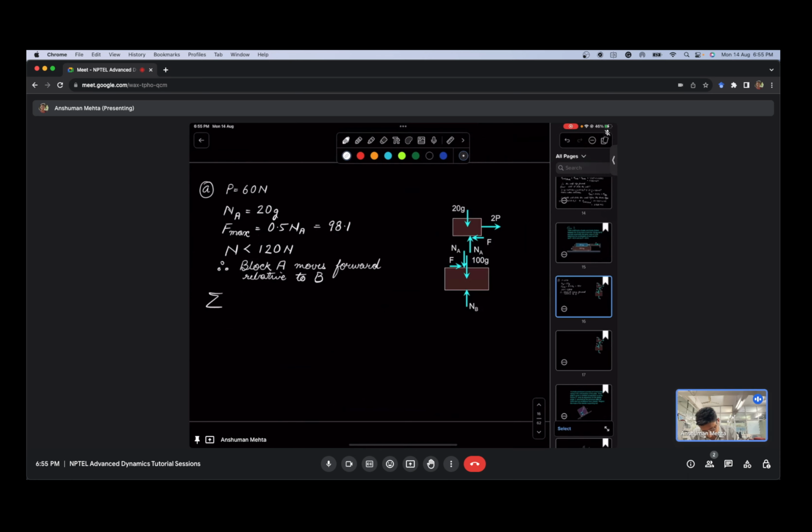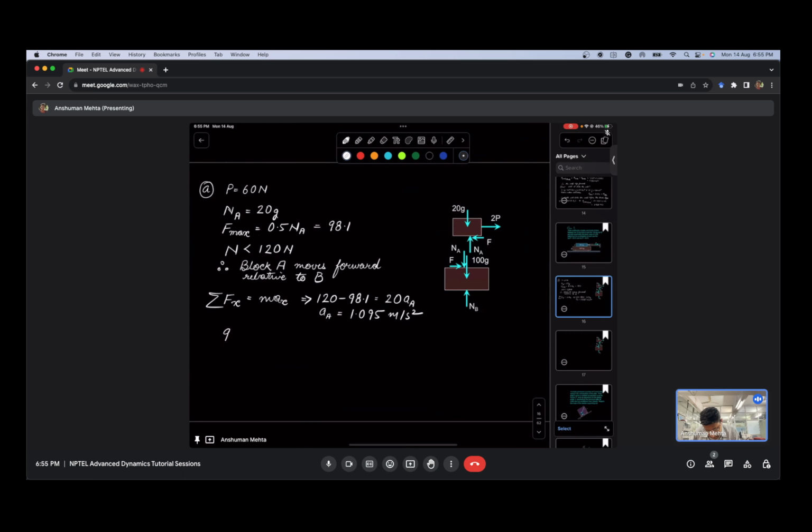And if we apply the force balance, this will give us 120 minus 98.1 is equal to 20 times the acceleration of A, which comes out to be 1.095 meters per second squared.